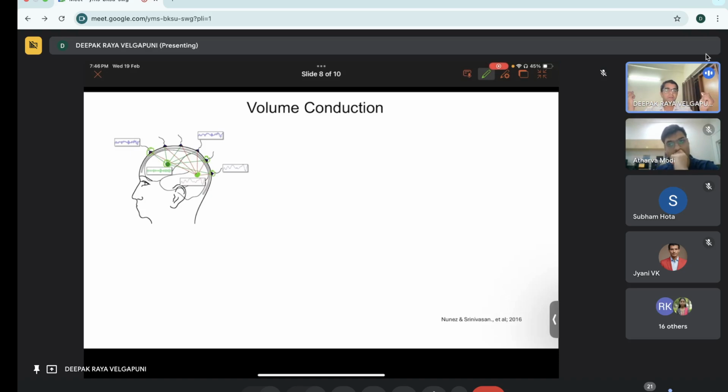So with fMRI you get good spatial resolution, and with EEG good temporal resolution, but there are also a few techniques which are useful to localize the source of EEG. This is called the source localization problem. Although it's an ill-posed problem, and what is meant by ill-posed we'll take later, there is no exact solution.